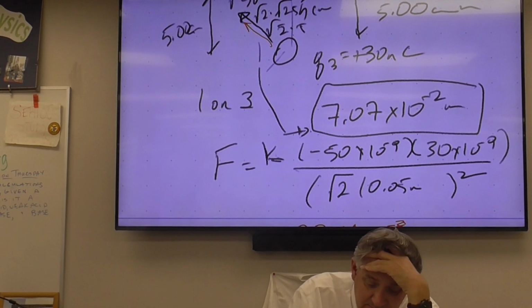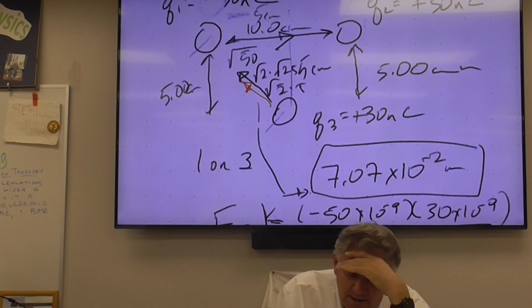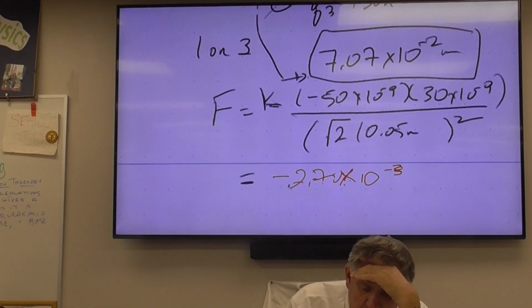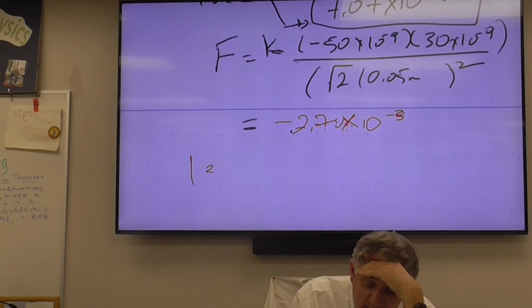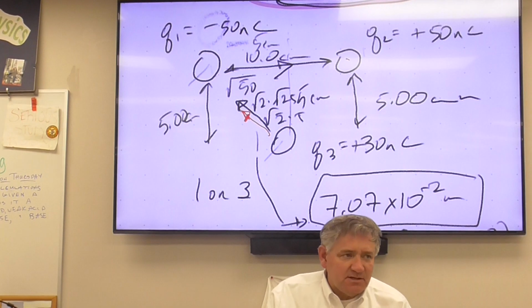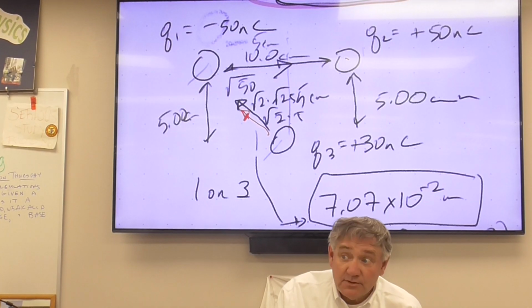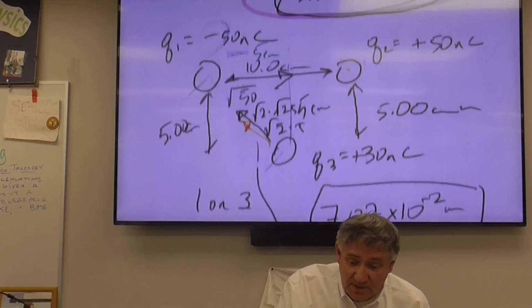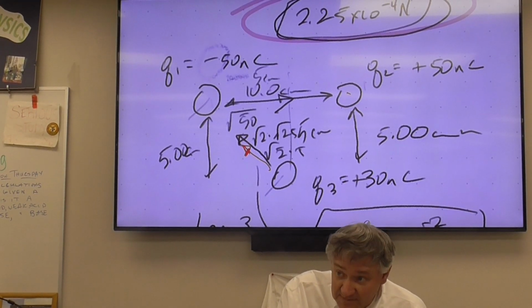Now, what's going to happen to charge 1 and charge 2? What's the only thing that's going to be different? The direction, because mathematically it's still negative 50, in spite of the fact that it's positive.